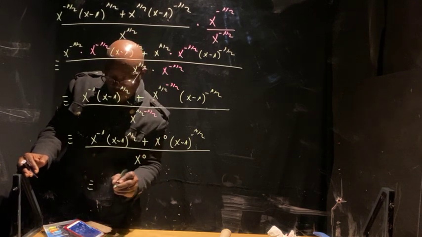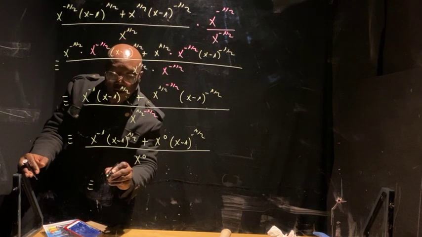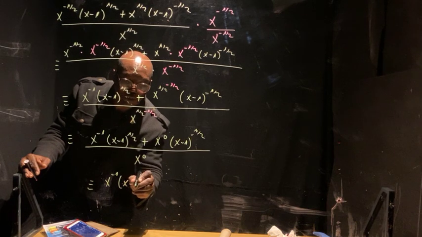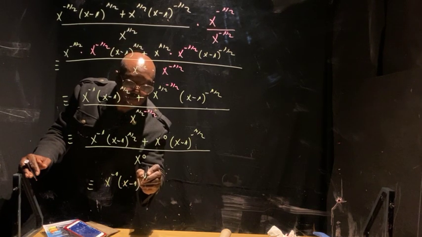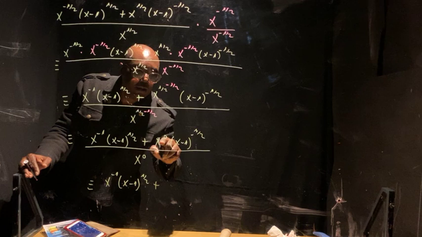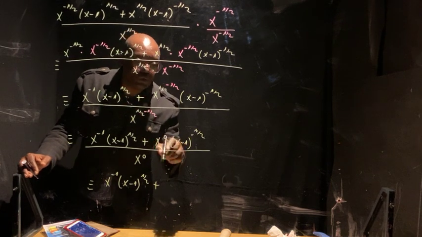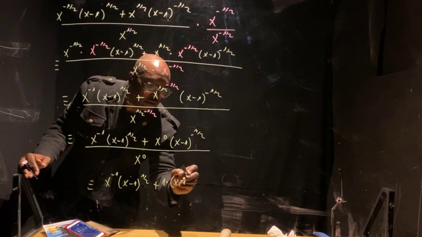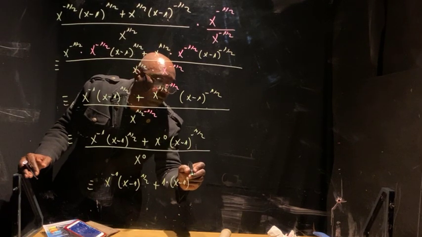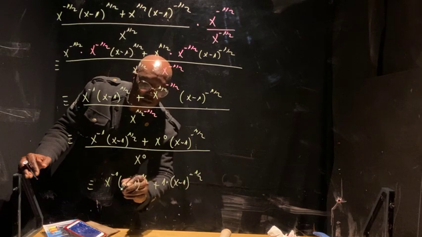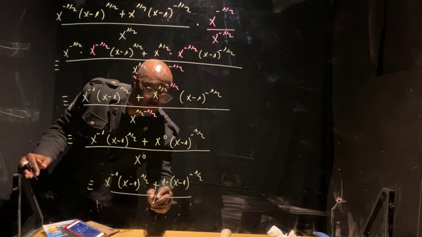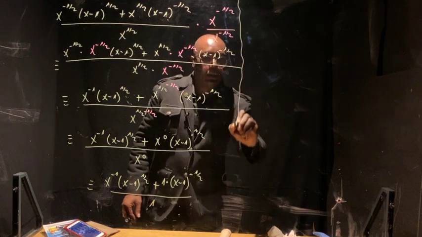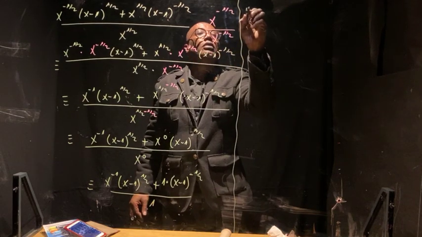So we have x raised to the power negative 1, x minus 1 raised to the power half, plus any number raised to the power 0 is equals to 1. 1 multiplied to x minus 1 raised to the power negative half, all over 1. So I'll call this one section 2.